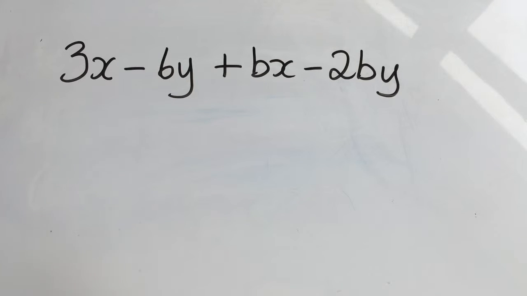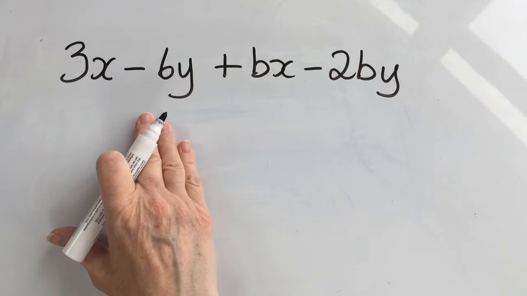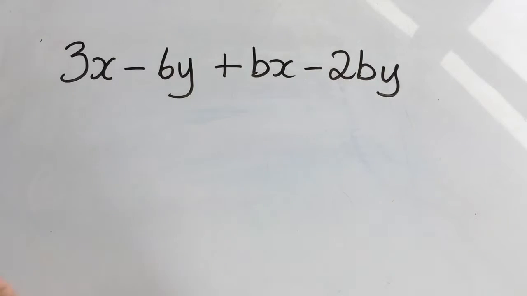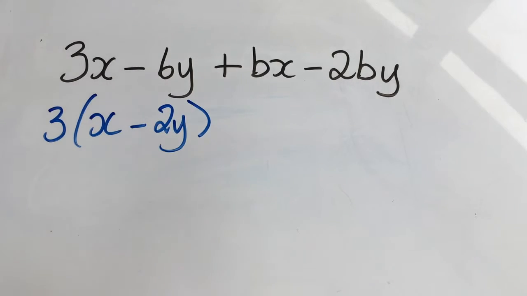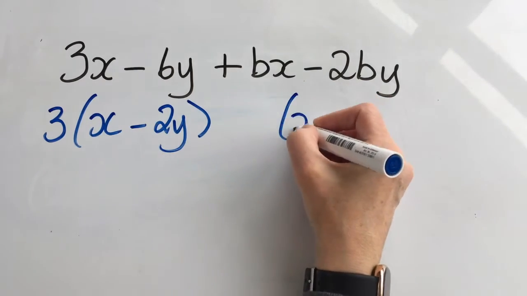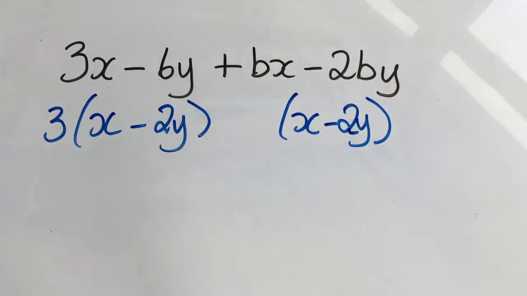This time I've introduced some minus signs. Can I take out a common factor? No. Can I group together in pairs to take out a common factor? Yes. So I'm going to take 3 out of these 2 terms, and it looks like I'm going to take b out of these 2. Now I'm going to write down the second bracket to be identical to the first one so that I can take out a common factor.